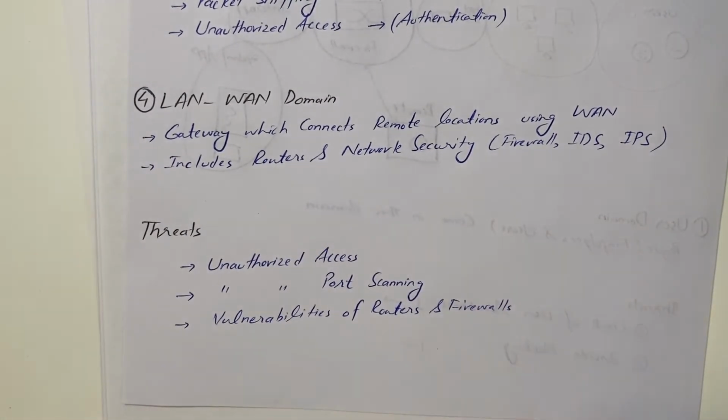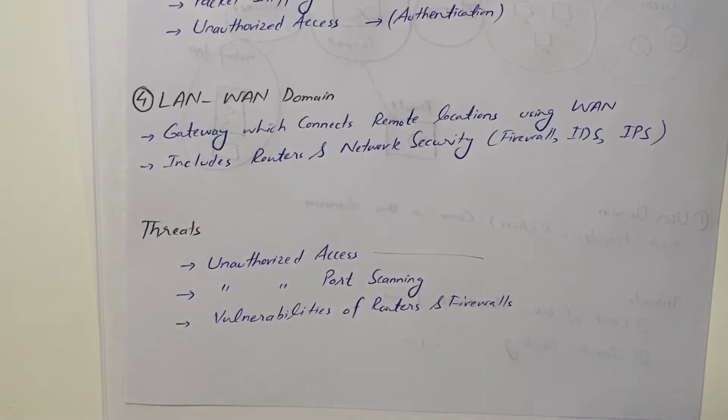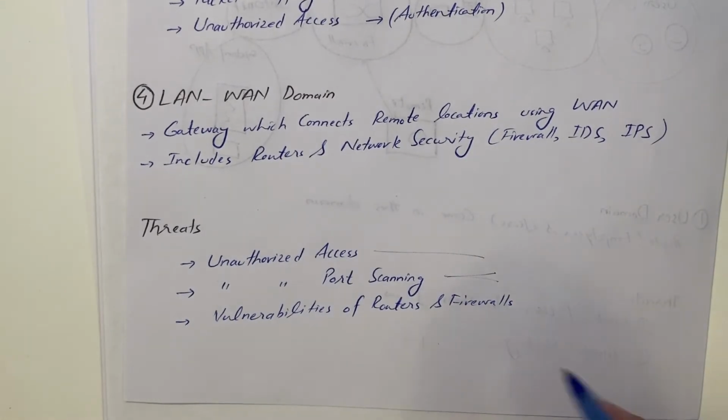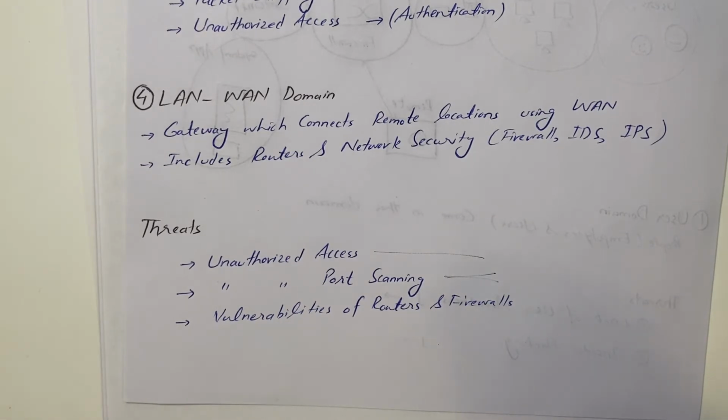And how we can fix it: of course, for unauthorized access, authentication and VPN. For port scanning, some companies do active monitoring of the resources. So if anybody does port scanning, we can detect which particular port they have scanned. So active monitoring of the system can help against port scanning. And for the vulnerabilities of routers and firewalls, we just have to keep our firmware updated. That's the only way.